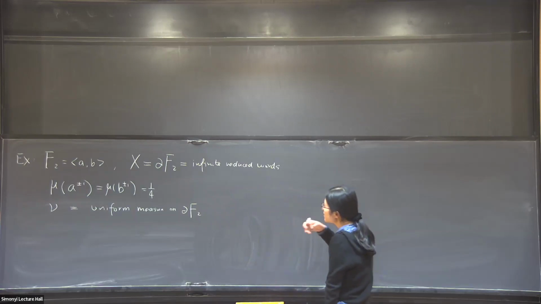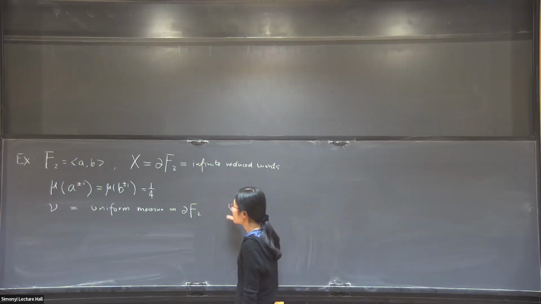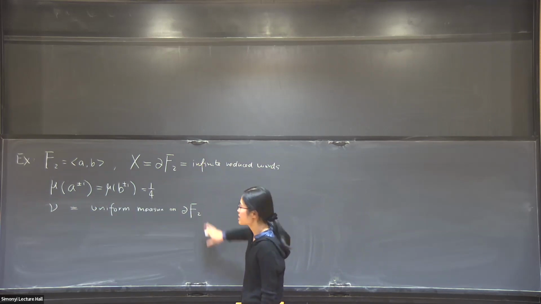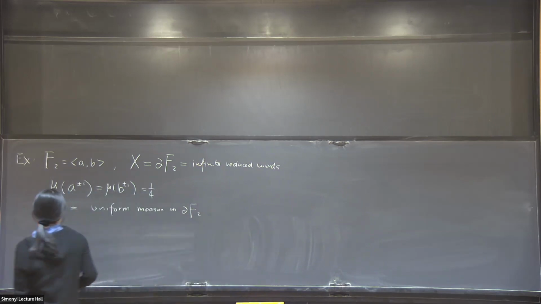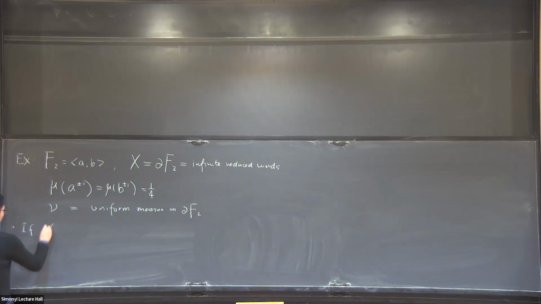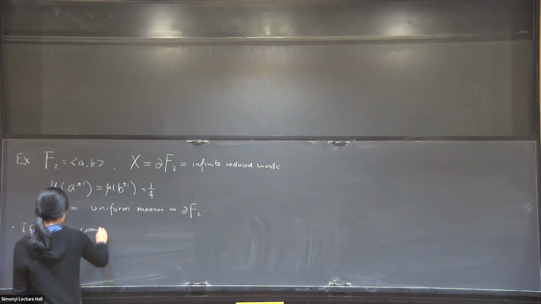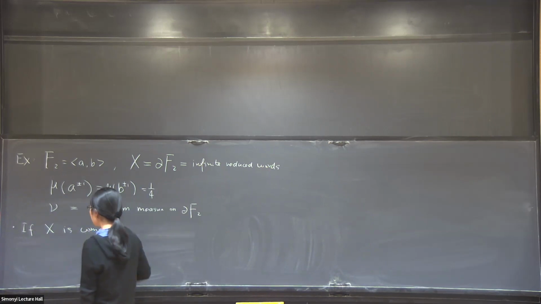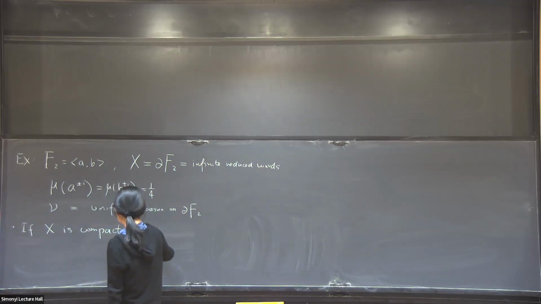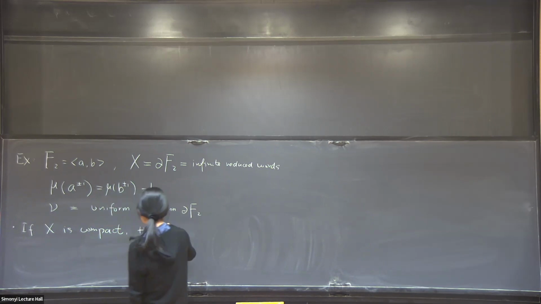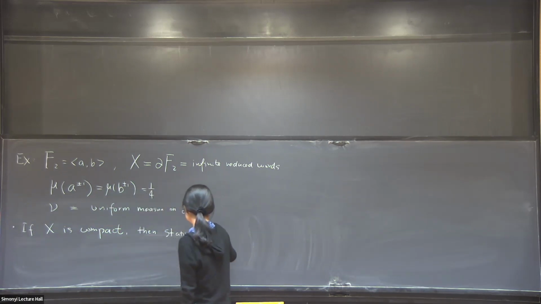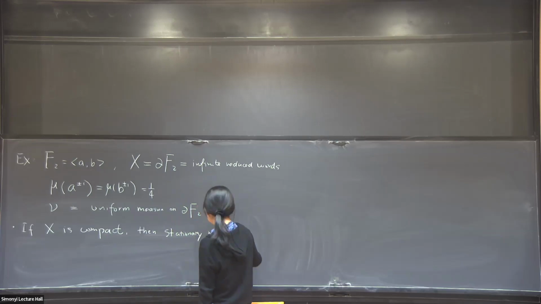And here you see that on this space there is no F2-invariant measure, but there are natural stationary measures. Stationary measures always exist. Just a remark: if X is compact, then stationary probability measures always exist just by compactness.